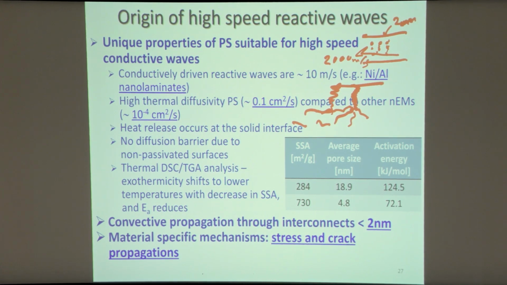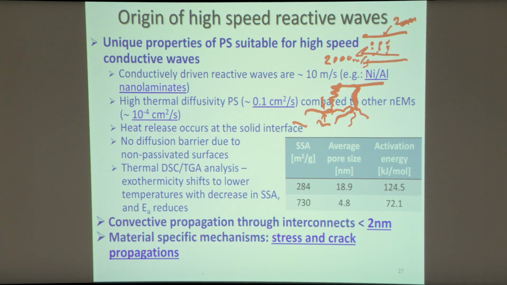And so the question there is, are these pore diameters large enough to have any sort of convection wave go through them? And it's highly likely not, because they're probably not much bigger than maybe a few atom diameters, and so you're not going to be able to get a very high speed.